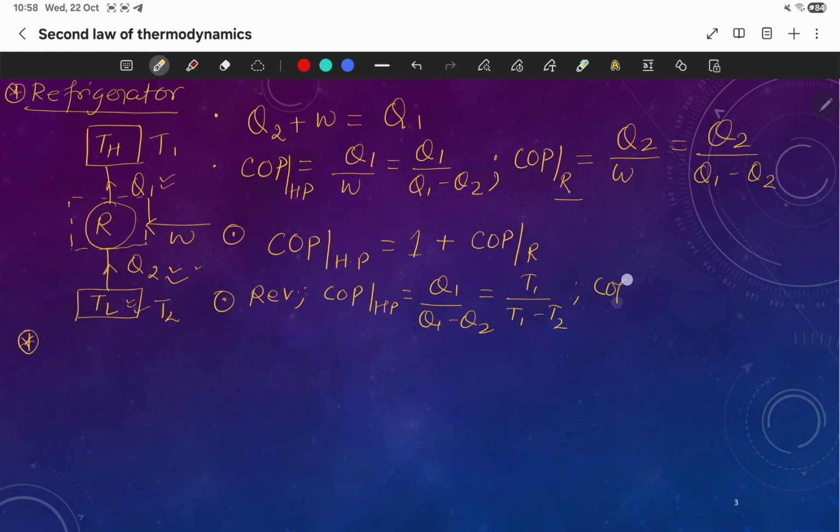And COP of refrigeration, Q2 upon Q1 minus Q2, will be T2 upon T1 minus T2. In our syllabus only these reversible cycles are there, so we can use this relation. Okay, and one important point comes: the Clausius inequality.